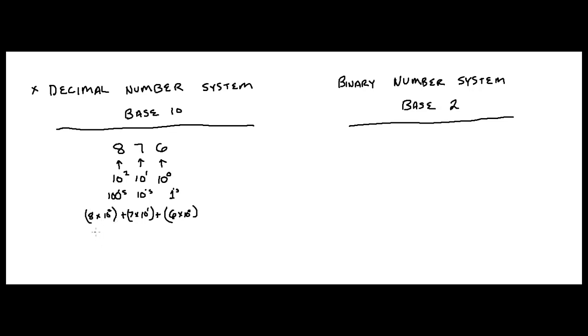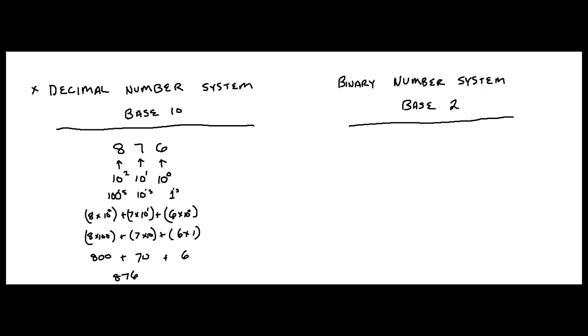Or you can say this is 8 times 100 plus 7 times 10 plus 6 times 1. And this would be 800, this would be 70, and this would be 6. You add them together, you get 876.